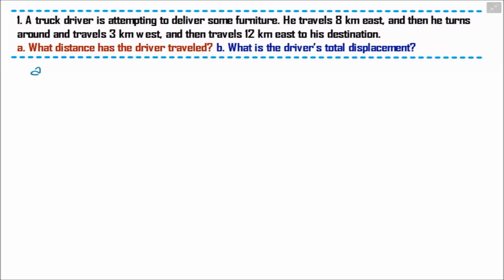So at the A, it says, what is the distance? That means what is the x? And at the B it says what is the displacement. That means this. So if we draw it for the A, if we add them to each other, it is the whole distance.